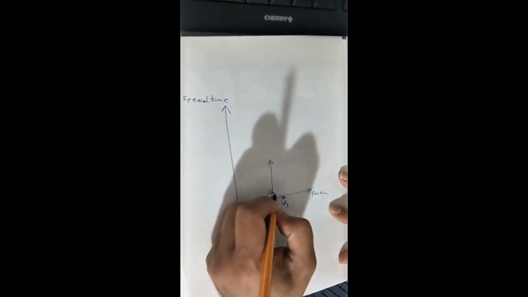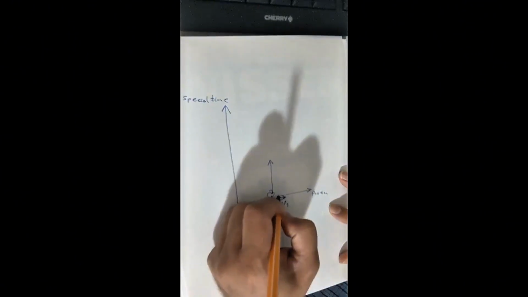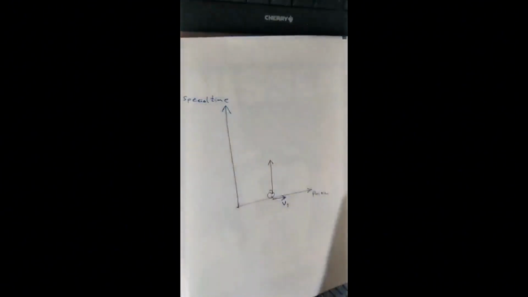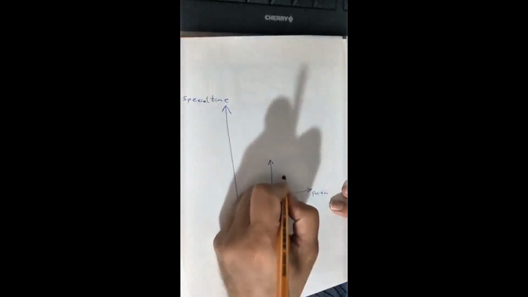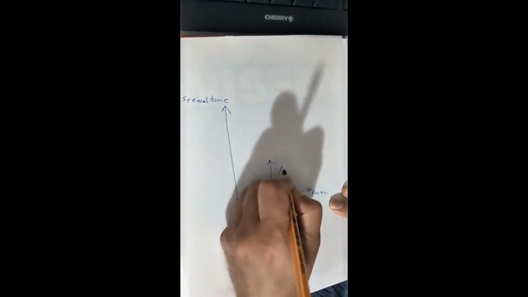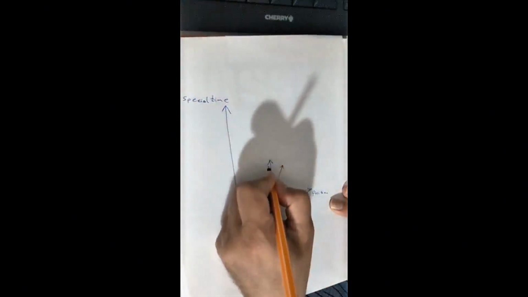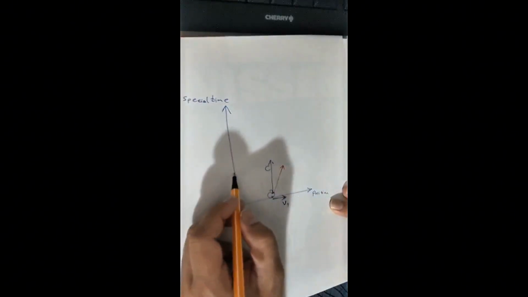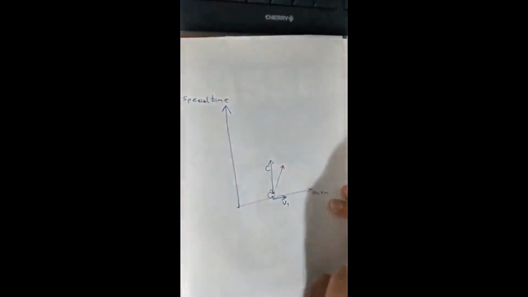So if the apple starts to move in this direction, it will have, because as I said, here the length of this is c, but now the apple cannot move in time with the same speed.